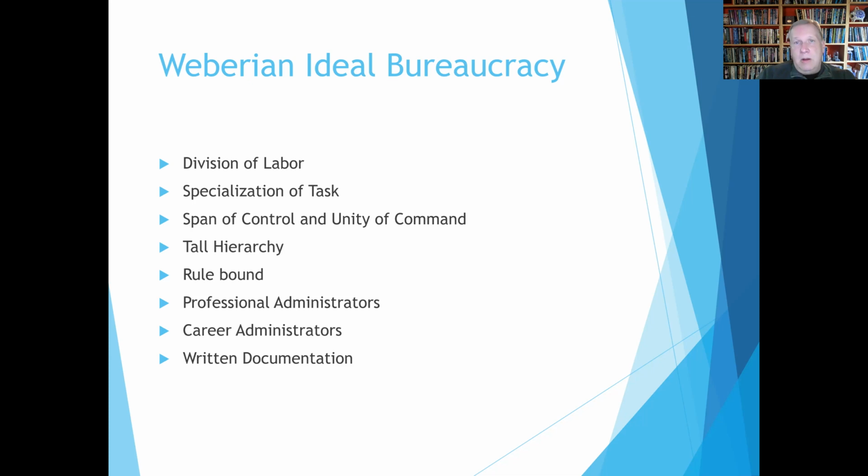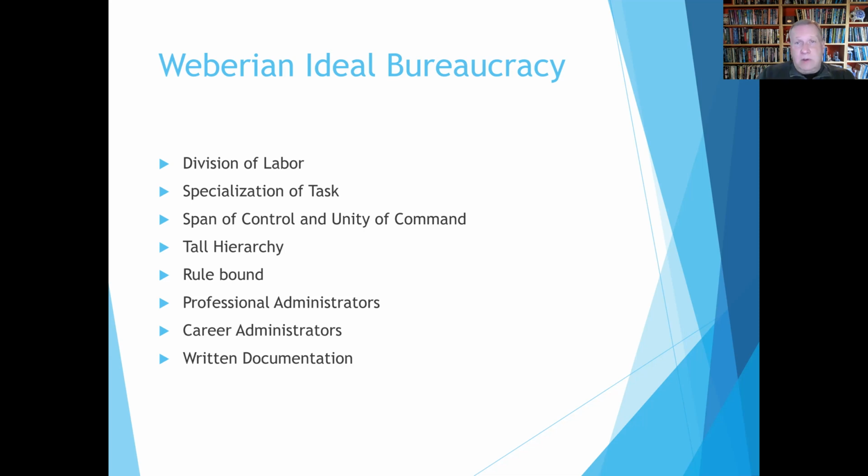In this tall hierarchy, you have what's called a span of control, in that managers are only responsible for a certain number of employees. So a manager may only be responsible for 3 or 5 or 7 employees, and that is that manager's span of control.